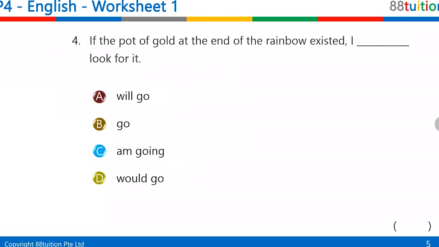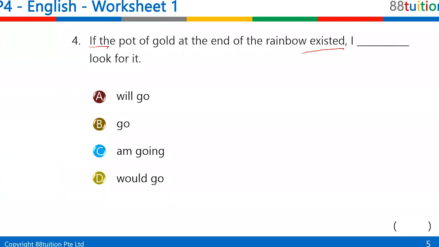Okay, now you try the next one. There's no one here to try, but you can look at it. If the pot of gold at the end of the rainbow existed, so if it existed, that means it's a hypothetical situation and in the past.